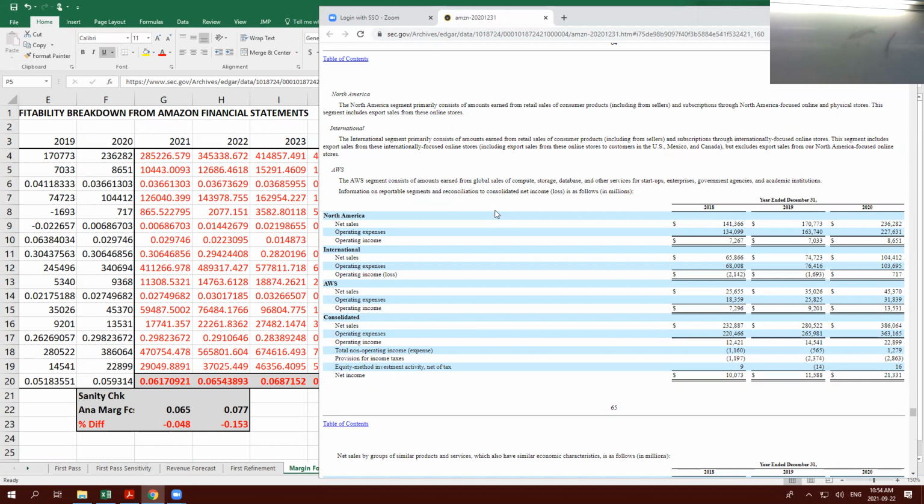It's everything about Amazon except for AWS. In 2020, combined $340 billion in revenue, combined a little bit over 9 billion in profit. AWS, 45 billion in revenue, 13.5 billion in profit, right?